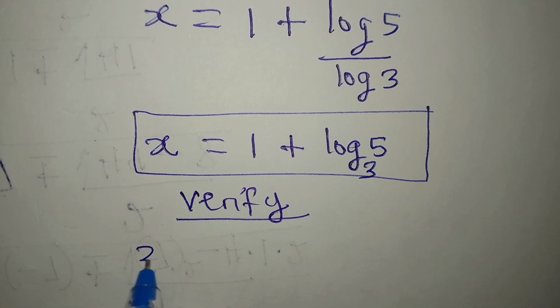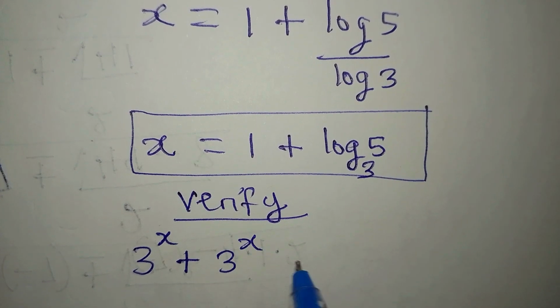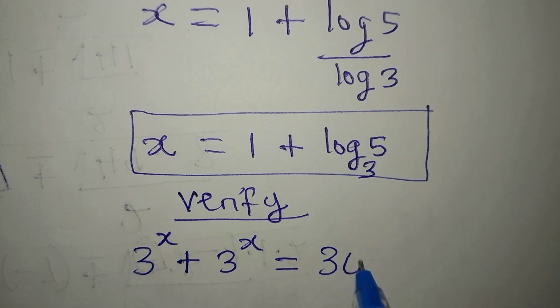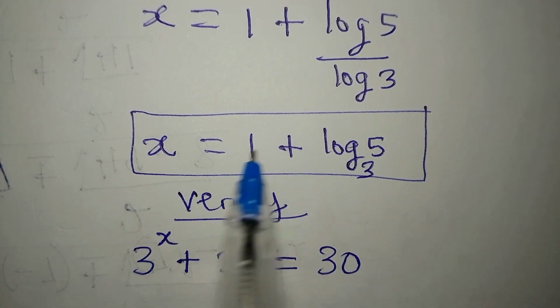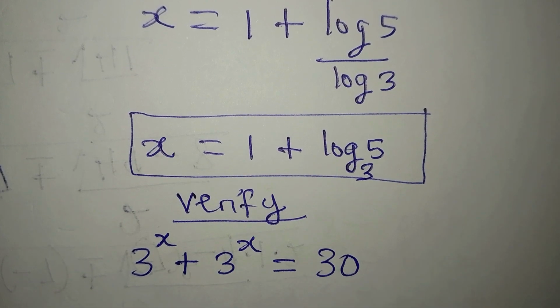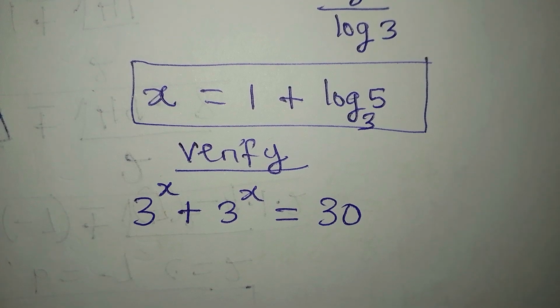The equation is 3 to the power of x plus 3 to the power of x equals 30. Now, this long value of x, sometimes it's difficult to verify, but you need to know certain laws again to verify.